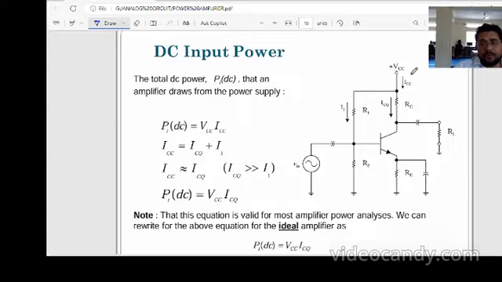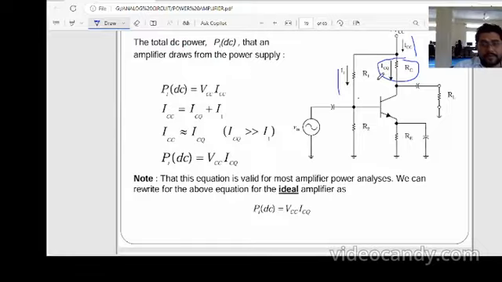The DC current going through the transistor is IC, and from VCC there is also I1. The collector current ICC is approximately ICQ. I1 is generally small because the R1 and R2 values are very high.